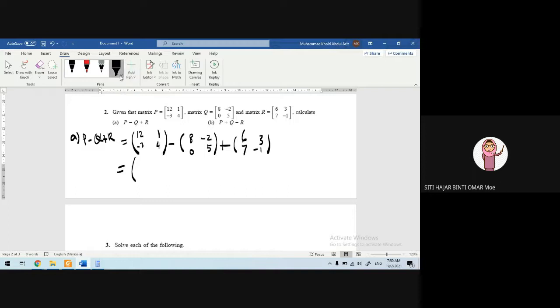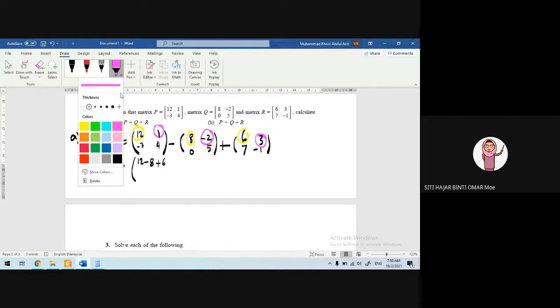So, 12 corresponding to 8 and 6. Okay. So, how you write your answer is at the same place. 12 minus 8 plus 6. Okay. And then 1. 1 corresponding to negative 2 and 3. Okay. So, we have 1 minus negative 2 in bracket plus 3.